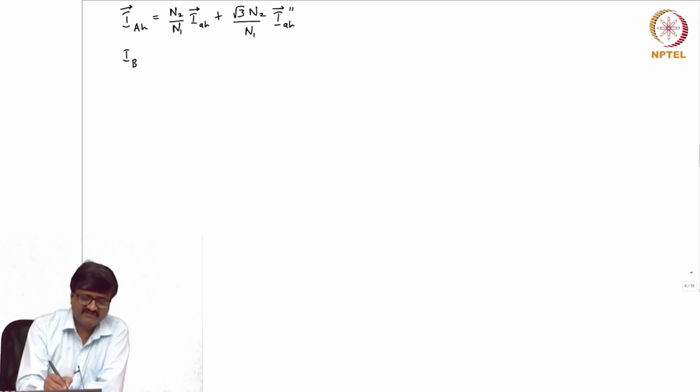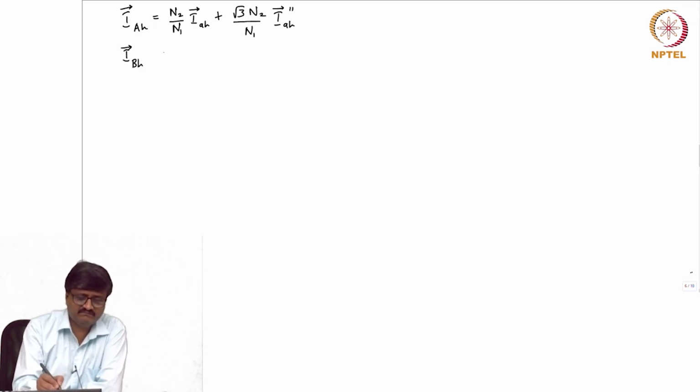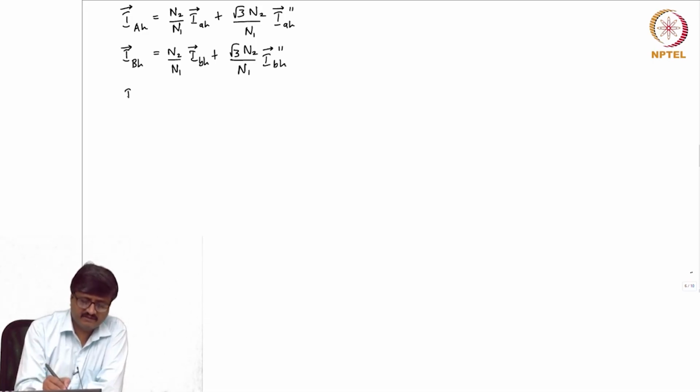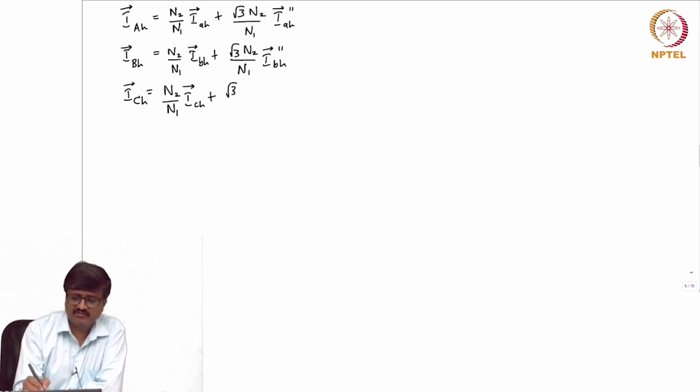Similarly, IBH is equal to N2 by N1 IBH prime plus root 3 N2 by N1 IBH double prime, and ICH is N2 by N1 ICH prime plus root 3 N2 by N1 ICH double prime.